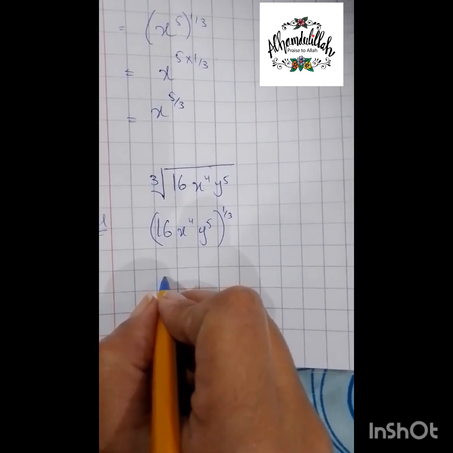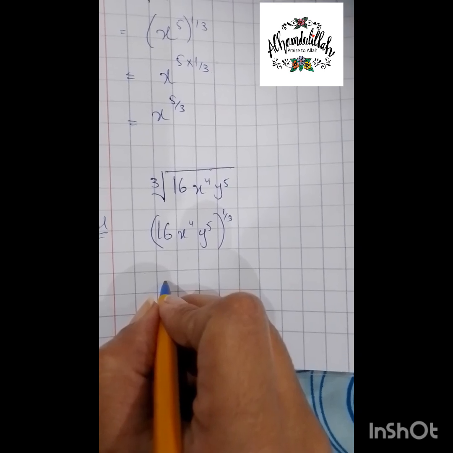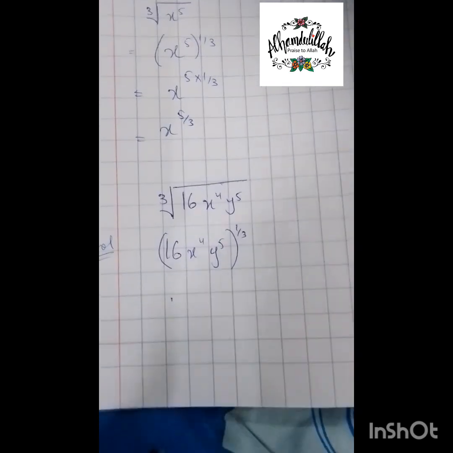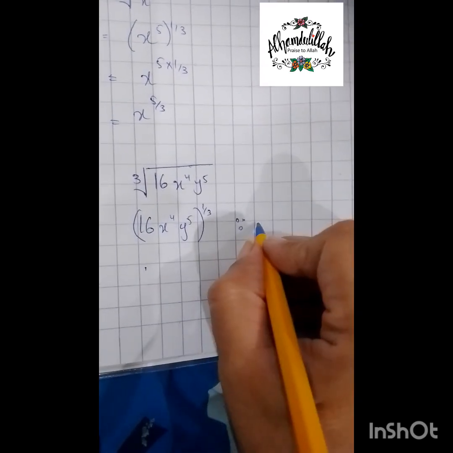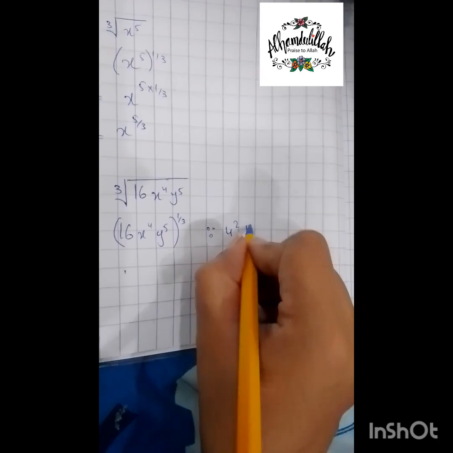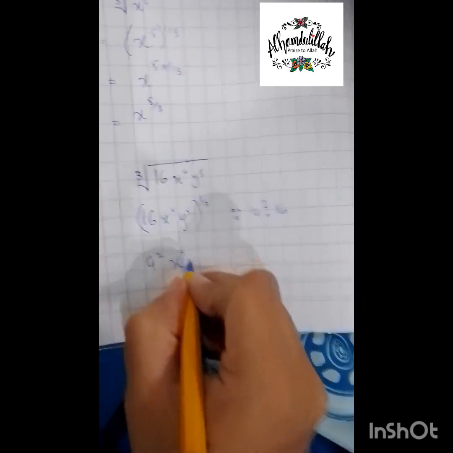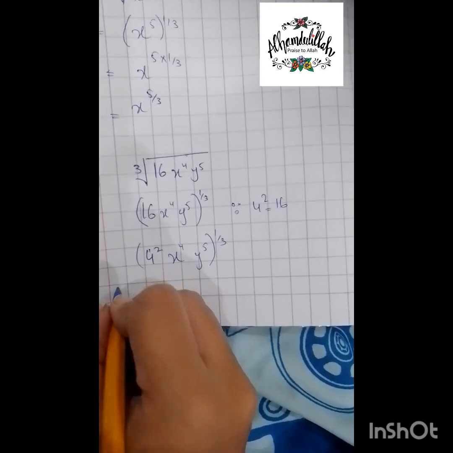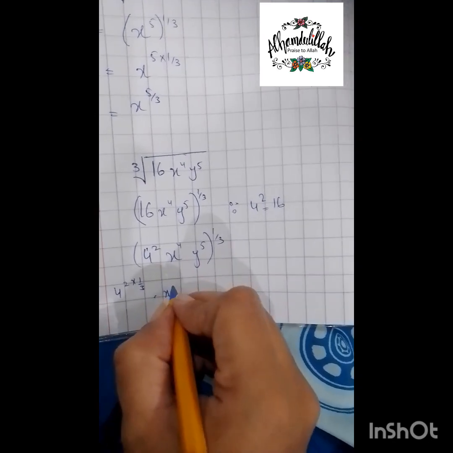Now applying this 1/3 on each and every component inside the bracket, which is 16, x to the power 4, and y to the power 4. So here I am making it a compact form. 16 is equal to 4 squared, we know very well.